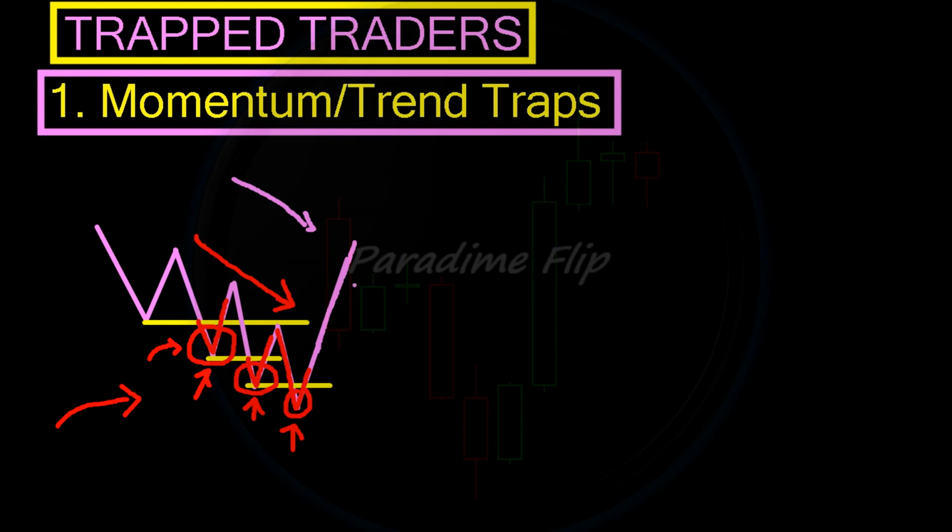From this point, you're going to want to look for price holding or consolidating in this area, and you're going to look for price to take out a low on the pullback. We're going to wait for a rejection and we're going to wait for a hold.